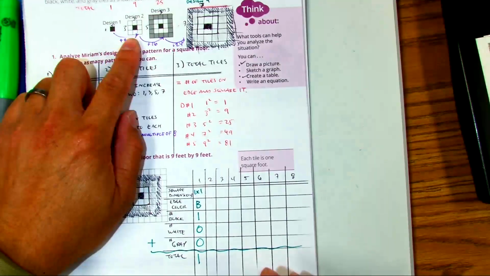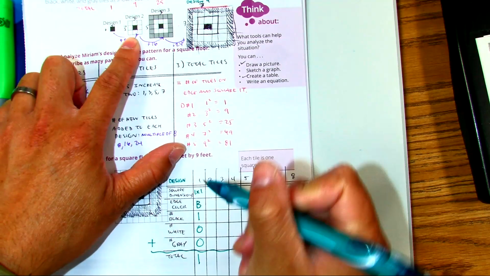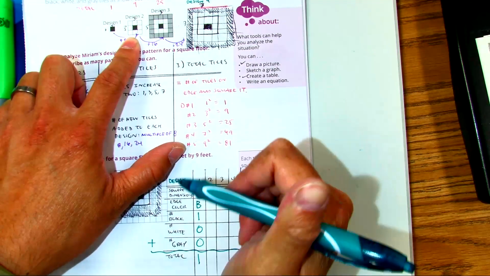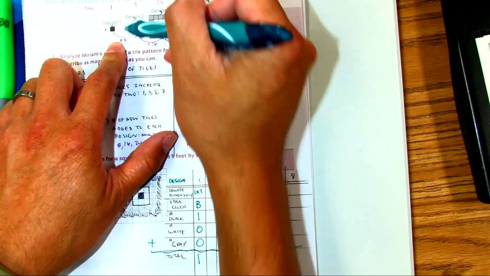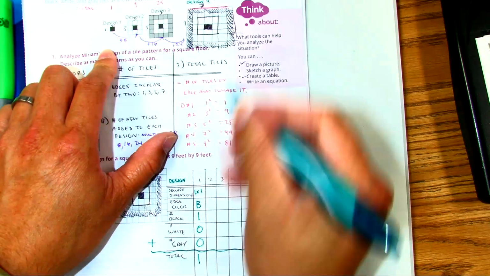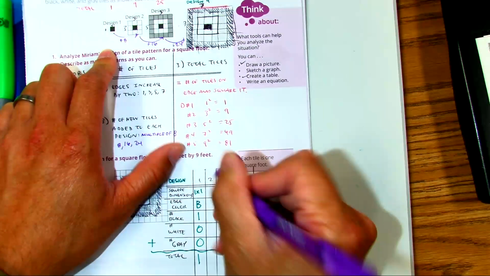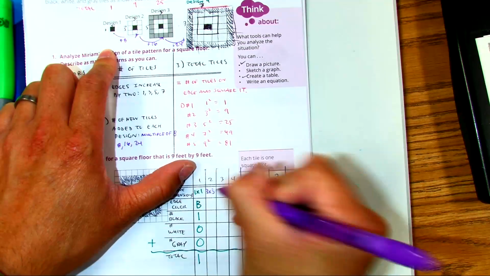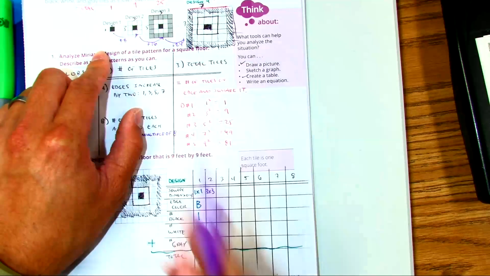Okay. Design number 2. Our design number is, what's on the slides here? So this is a 3x3 color. Okay. What's the edge color here? I got white.